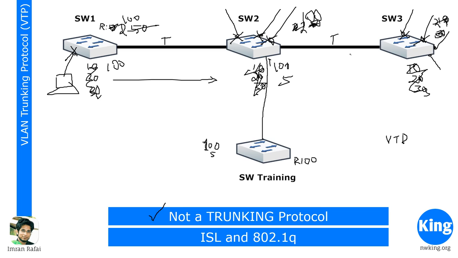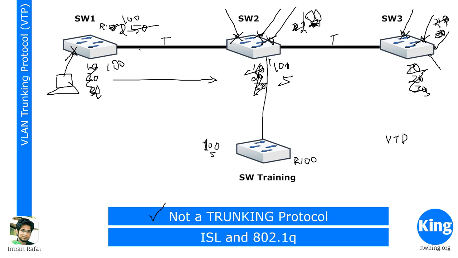So switch 1, switch 2, and switch 3 have VTP domain networking.org, and if switch 1 does not have the same domain, it will not replicate. So as a prevention, yes, you have some safety mechanisms: only if those domains match will the replication take place, but still Cisco recommends not to use it, right?